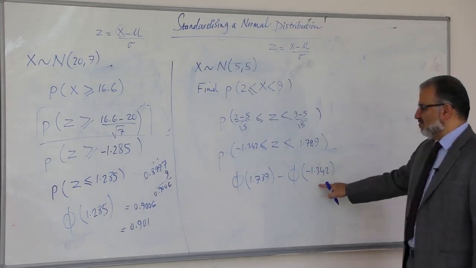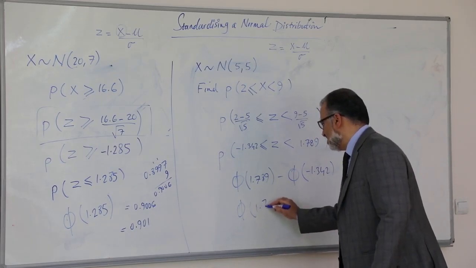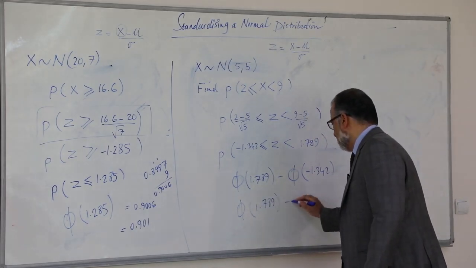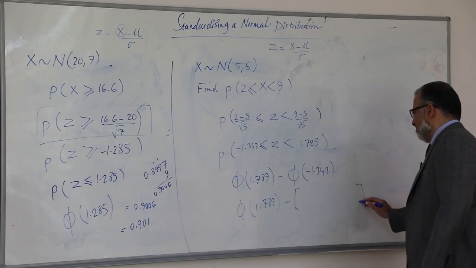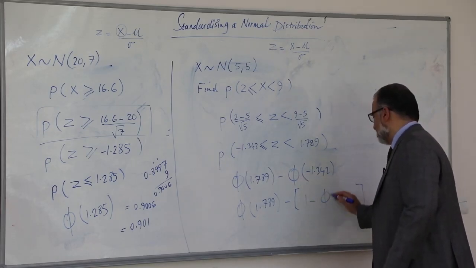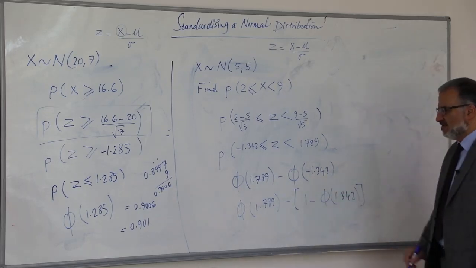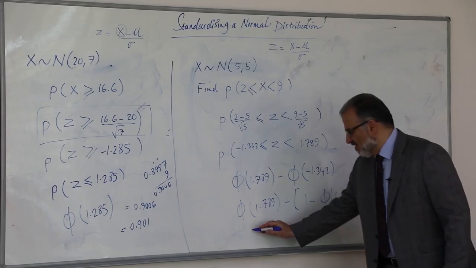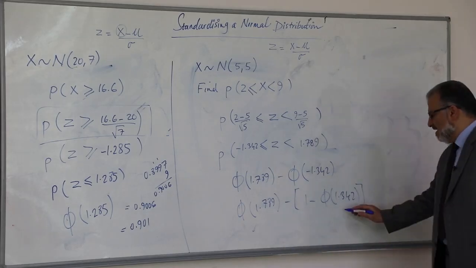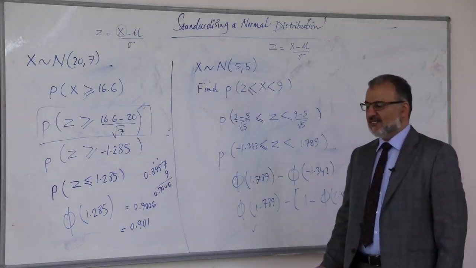Now, what about this one? How to deal with that? As you know, 1.789 minus, that one is equivalent to phi of a negative value, which is 1 minus phi of the positive, as we studied before. From the tables you can find this value and that one, replace and find the answer.